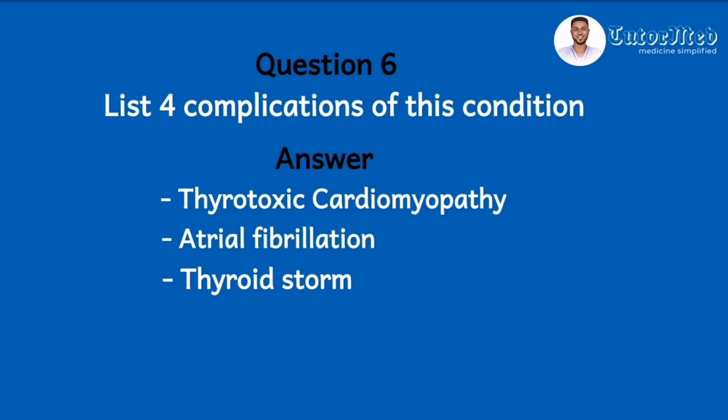Sometimes it can be precipitated by infections, trauma, or surgery. Sometimes someone with pulmonary embolism, if he has an underlying Graves' disease, can have thyroid storm. Sometimes thyroid storm can be precipitated by DKA.